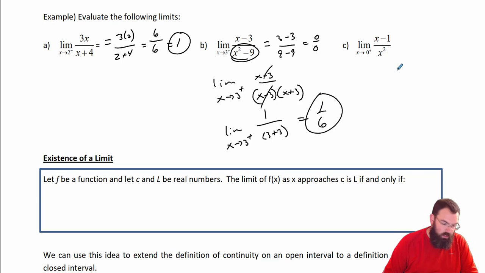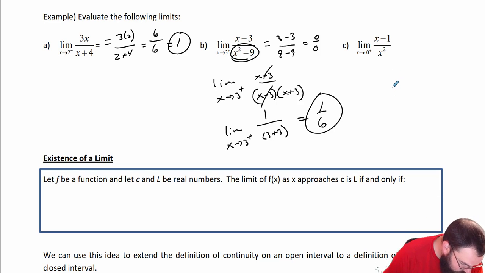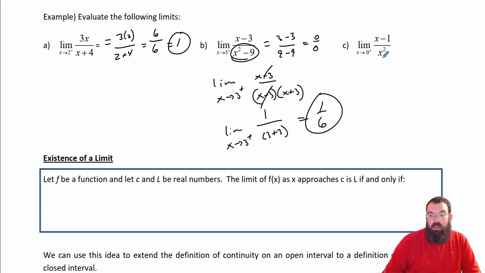This one is not going to be as good, because we don't really know how to deal with this one yet. This is going to be negative 1 over 0. Actually, it's not even an indeterminate form, and I can't do L'Hopital's rule on this one. What does the graph look like?